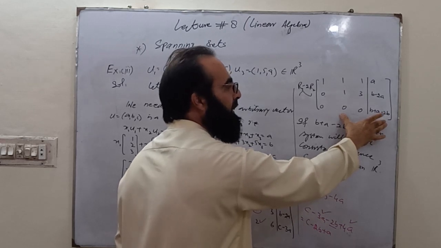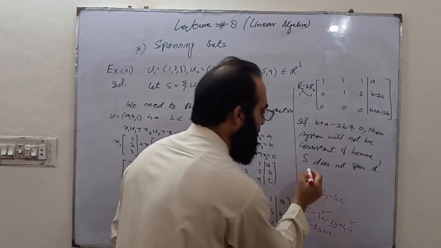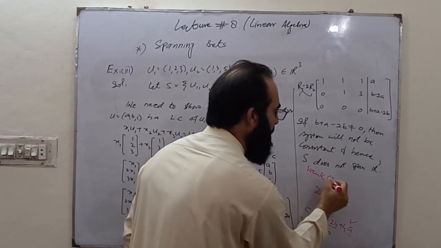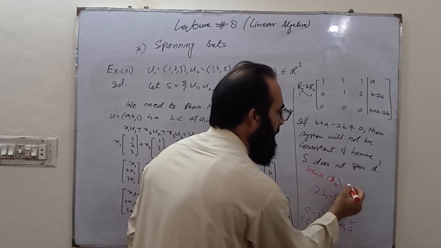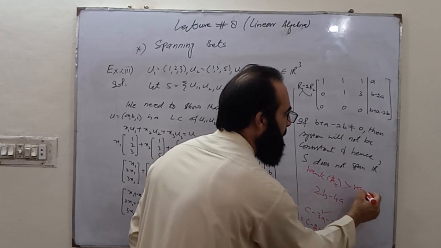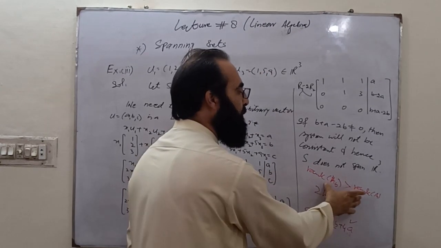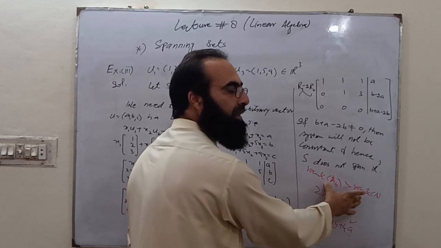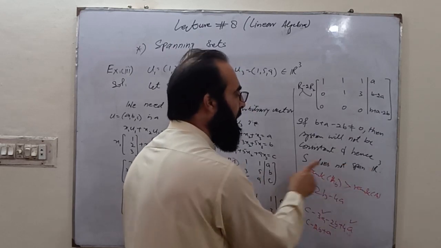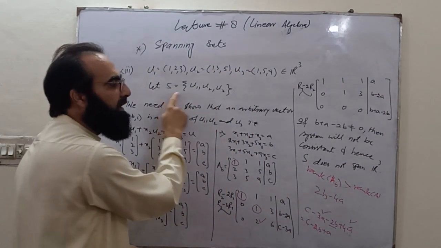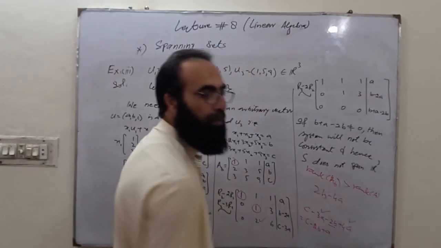This will show that the rank of the augmented matrix is greater than the rank of the coefficient matrix, and in this case we obtain an inconsistent system. So that's why this collection S does not span the whole R cube.